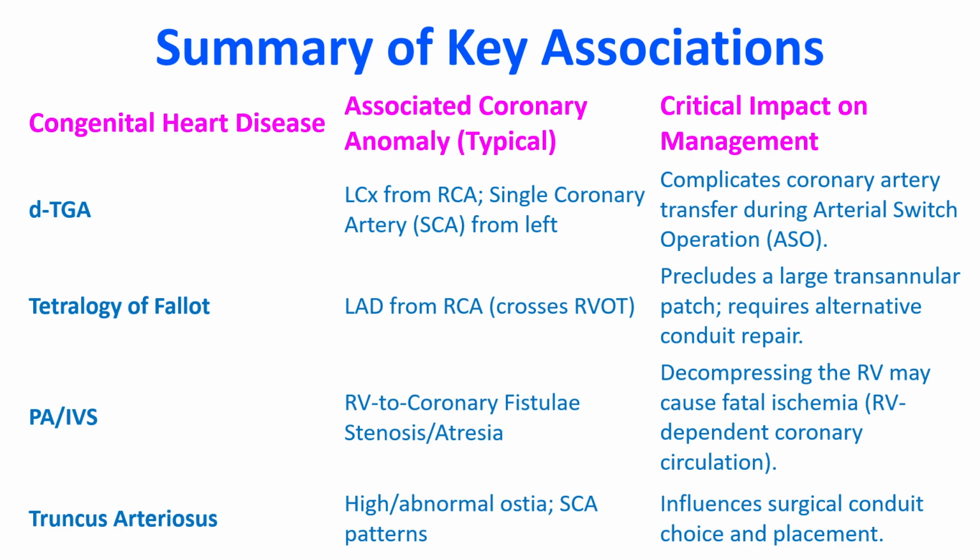In pulmonary atresia with intact interventricular septum, right ventricle to coronary fistulae, stenosis of the arteries or atresia, decompressing the RV may cause fatal ischemia in these RV dependent coronary circulations. In truncus arteriosus, high or abnormal ostia and single coronary artery patterns also influence surgical conduit choice and placement.